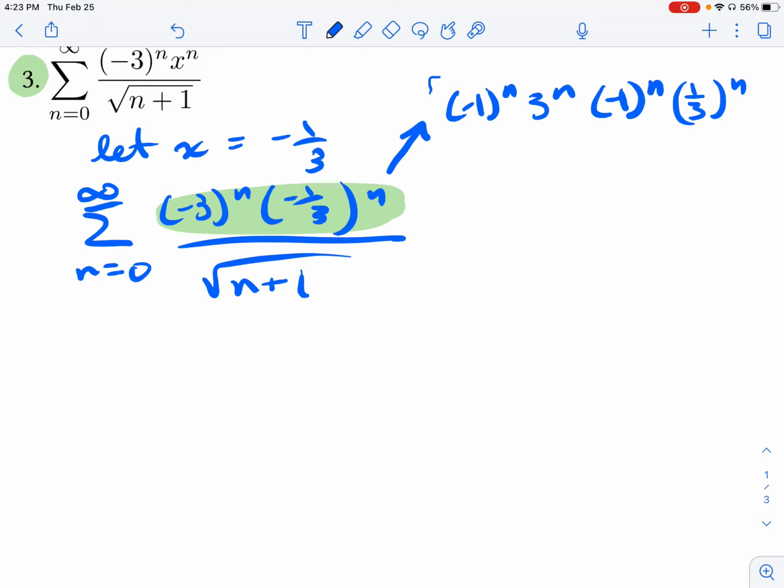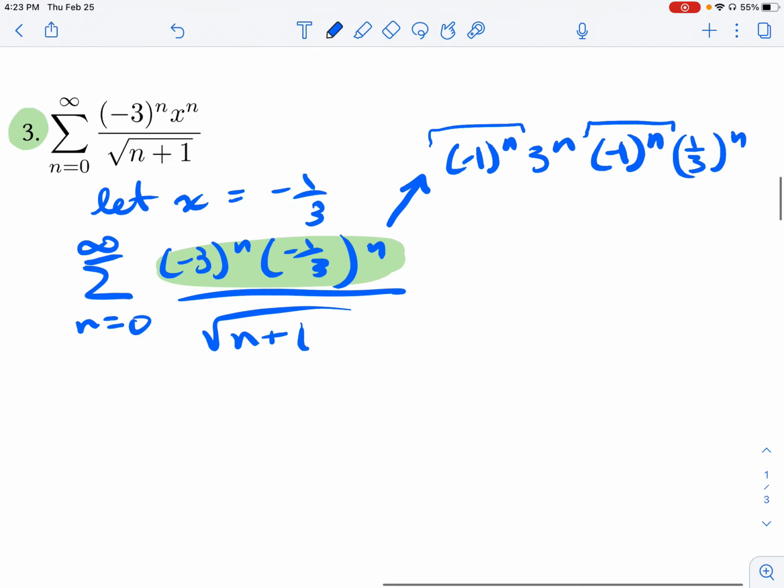Well, if we do (-1)^n times (-1)^n, that gives me (-1)^(2n). Well, think about that. We're saying no matter what our n is, our degree here is always going to be even, which means negative 1 to an even power is always going to be positive 1. So what this effectively means is that (-1)^n times (-1)^n just is always going to give us positive 1 for any value of n.